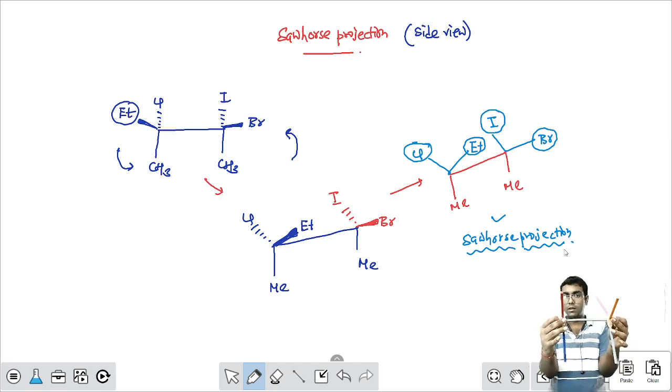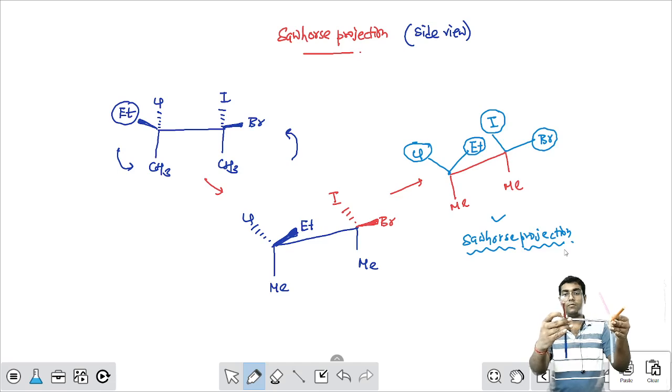So this is a flying wedge projection. This one is C1, this one is C2. You can consider it to be methyl. Now this is ethyl above the plane, this is chlorine below the plane. In the same way, this is methyl on the plane, this is bromine above the plane towards you, and this is iodine, it is away from you, that is below the plane.